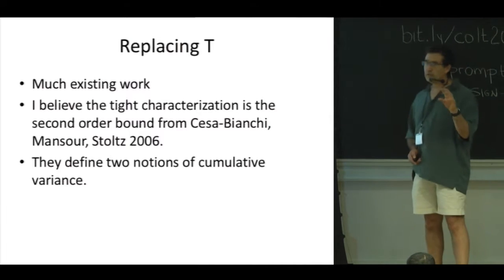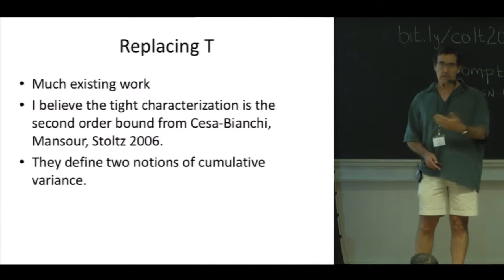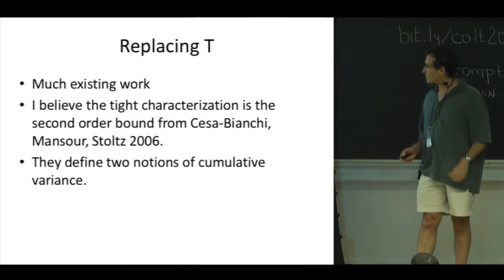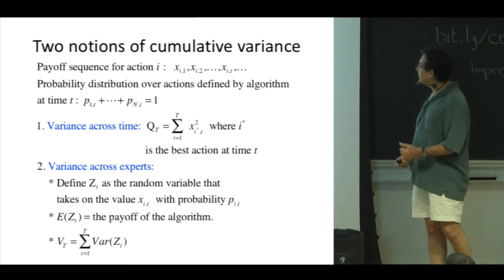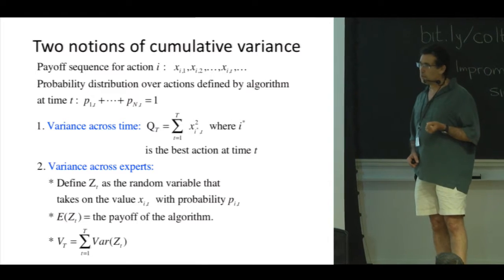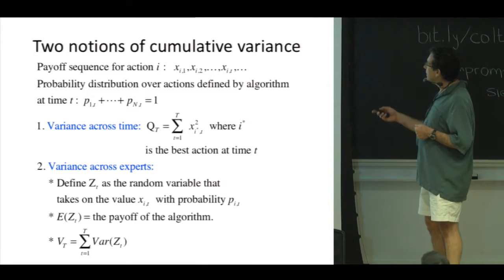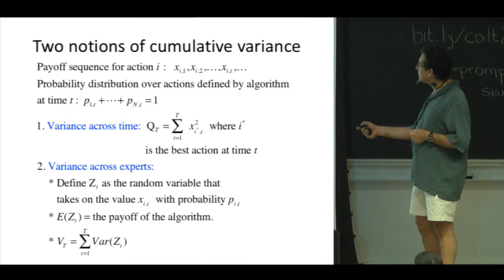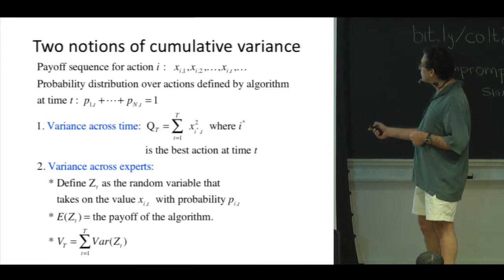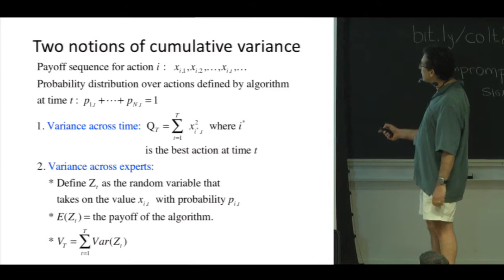These are both defined in terms of some kind of variance. How do you measure variance? Here is the most technical slide, describing these 2 ways of defining variance. The common thing is that we have a payoff sequence in some bounded range.